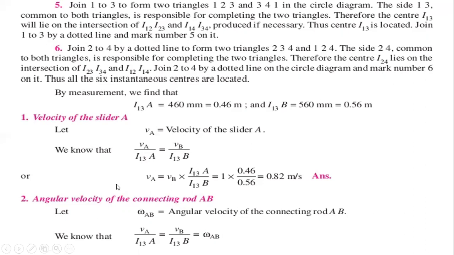First of all, the velocity of the slider A. Let VA be the velocity of slider A. Then we know that velocity of A by I13 A is equal to velocity of B by I13 B. So we have got these two lengths, and we also know the velocity of B.